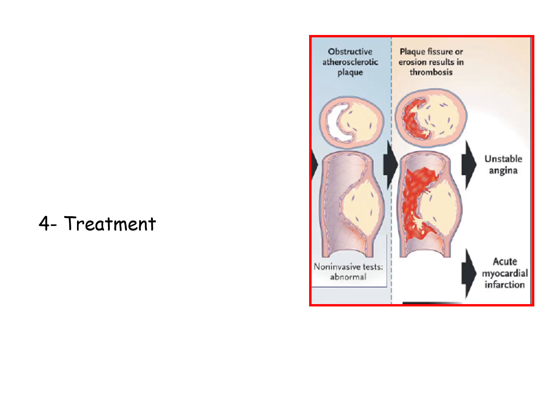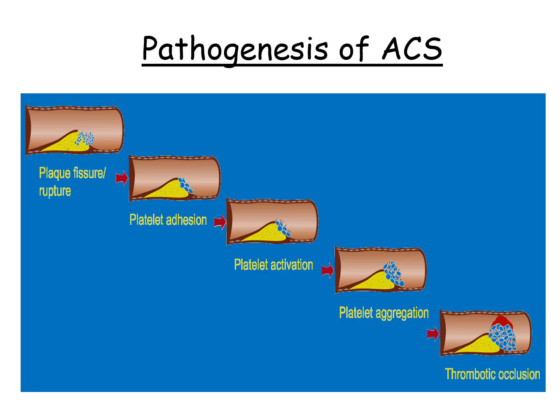Let's go over now the treatment options for patients with acute coronary syndromes. To understand the basics of treatment of these patients, we need to go back to their pathogenesis. As we said earlier, the pathogenesis of ACS is based on three important elements: plaque rupture, platelet activation and aggregation, and thrombus formation.